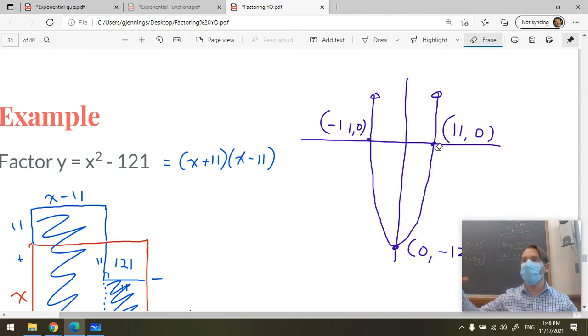I'm cutting a piece bigger than x squared out of the parabola. No such thing as negative areas. So really, it's only this part of the parabola that goes off, and it grows very quickly as x gets bigger. As x gets a little bit bigger than 11, like if x is 12, you found the area of a 12 by 12 square with an 11 by 11 square cut out.